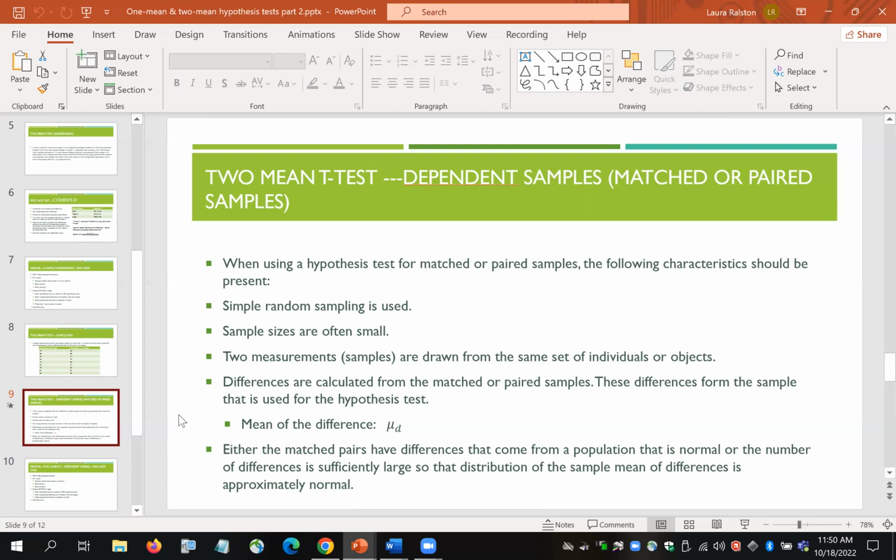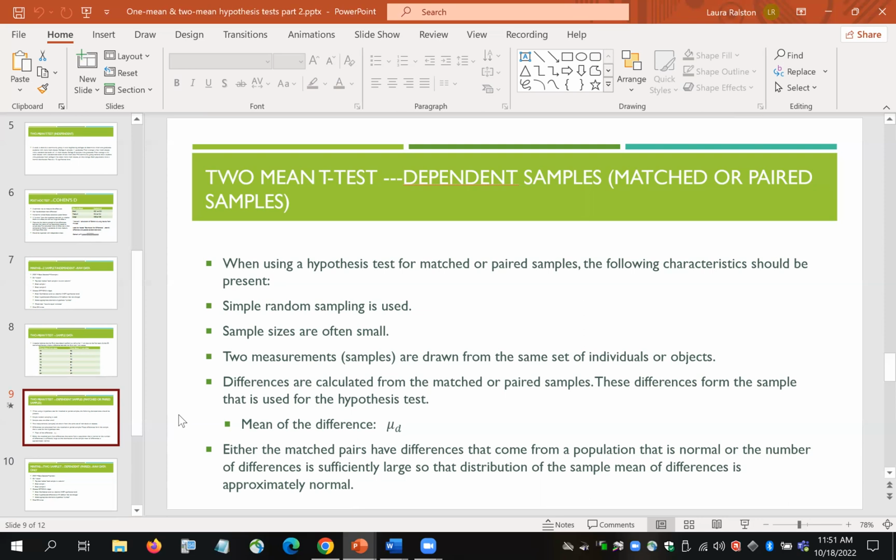Either the matched pairs have differences that come from a population that is normal, or the differences are sufficiently large so the distribution of the mean is approximately normal.